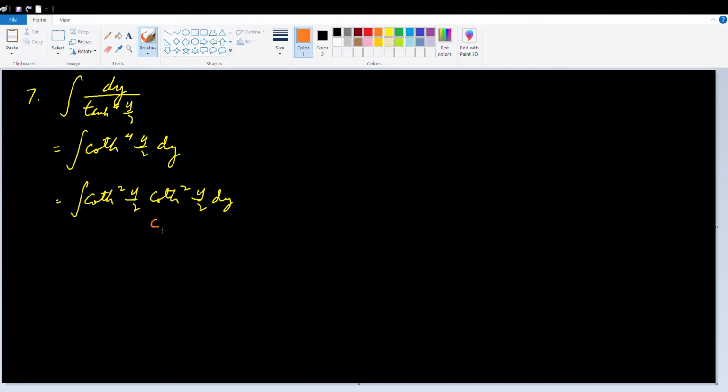We know that hyperbolic cotangent squared minus 1 is equal to hyperbolic cosecant squared. So hyperbolic cotangent squared y over 2 times 1 plus hyperbolic cosecant squared y over 2 dy.